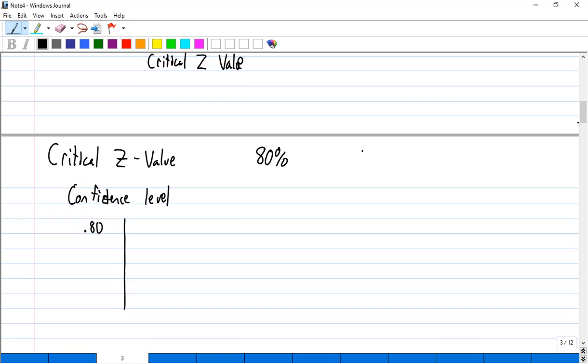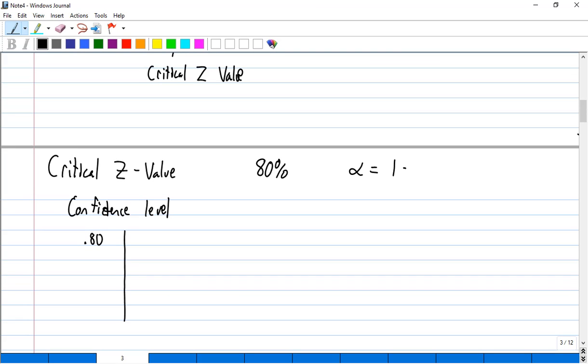And alpha is equal to 1 minus the decimal that's associated with 80%.